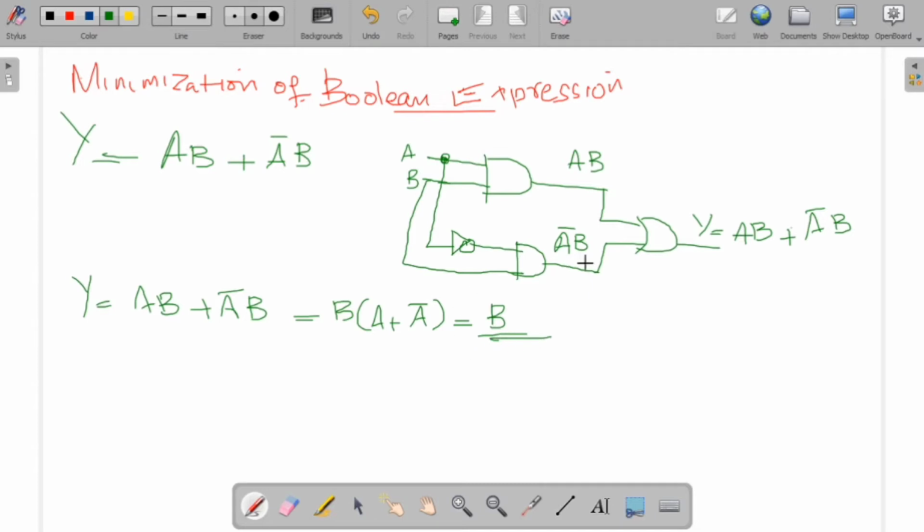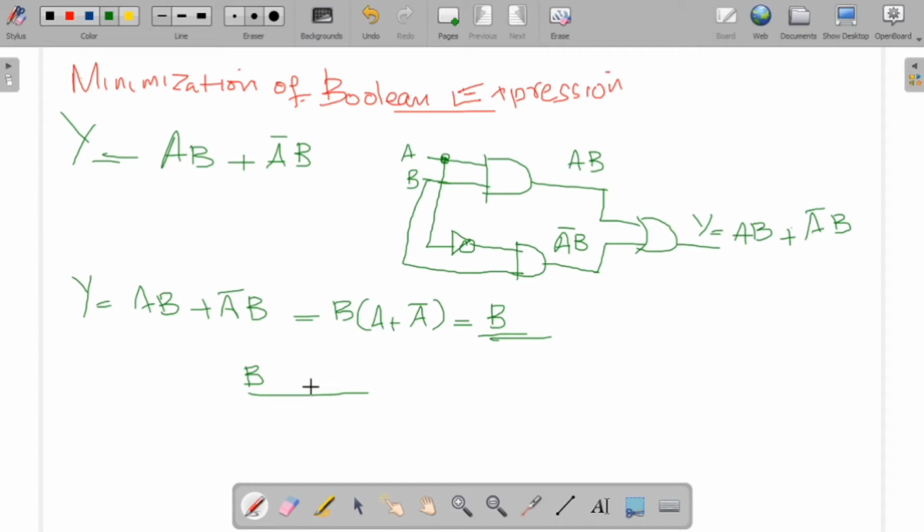So the output of this equation, y is equal to ab plus a bar b, can be reduced into a single input b. The output is nothing but the input b in this case.